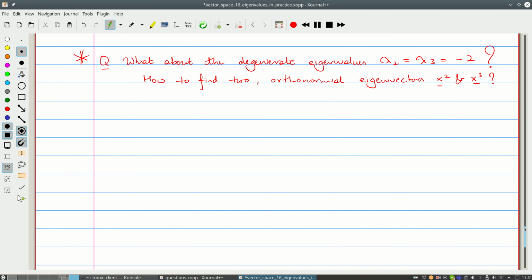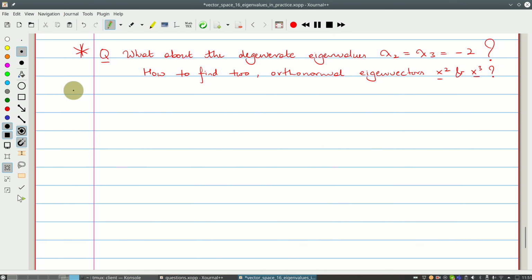So how do you go about finding the eigenvectors? You go back to the eigenvalue equation, Ax equals lambda x, and you stick in your lambda. In this case, lambda is equal to minus 2, and then we have to solve for x.